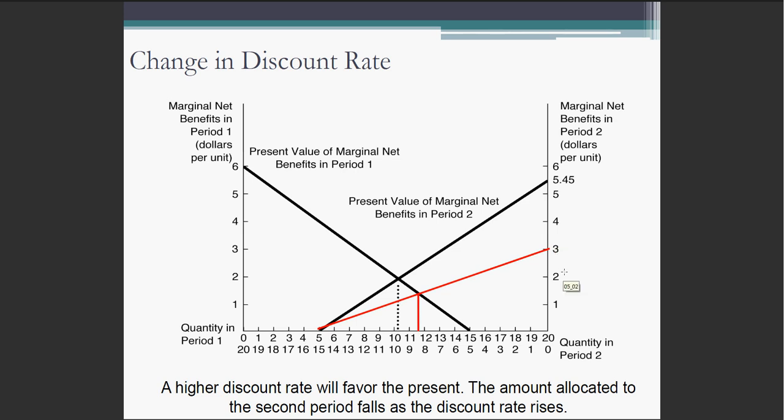The amount allocated to the first period rises, the amount allocated to the second generation falls. So you can see here is like the previous allocation with a discount rate of 0.1, and the allotment is almost the same. But if you increase that, the amount consumed by the first generation increases, and the amount consumed in the second generation decreases.